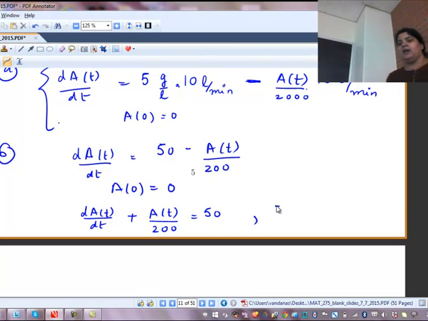So your IF, integrating factor, or another terminology I am using here is u(t), is equal to e to the power integral of 1 over 200 dt. So this is the integrating factor, and now we will multiply throughout with this integrating factor.